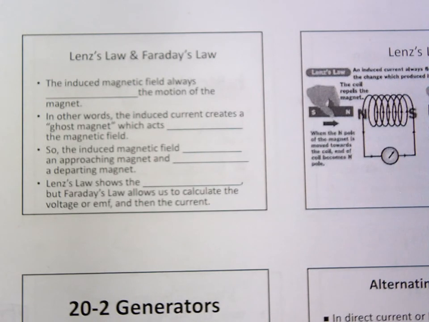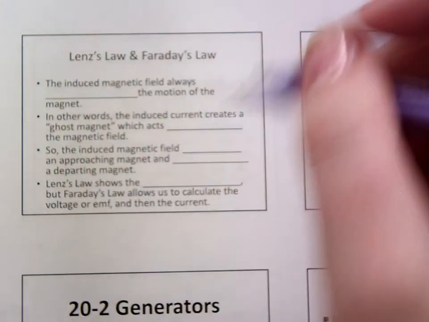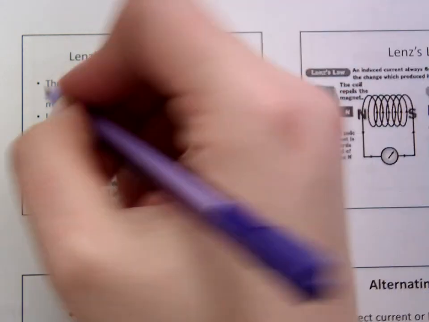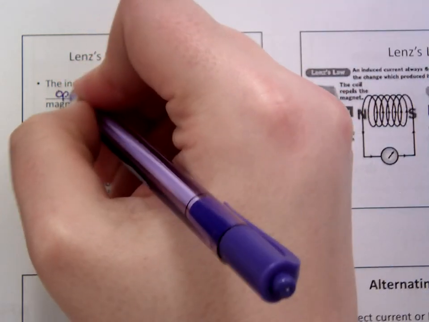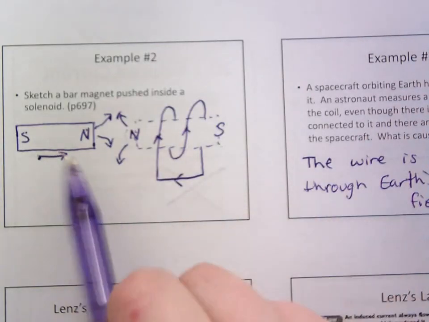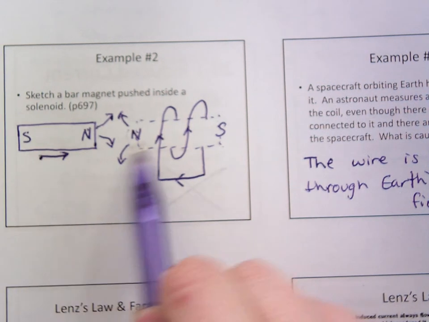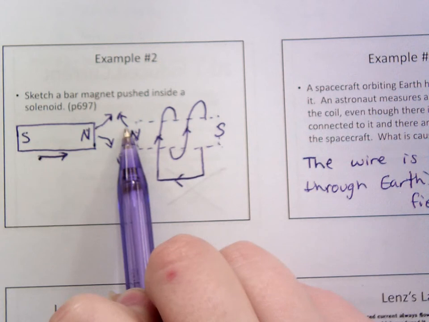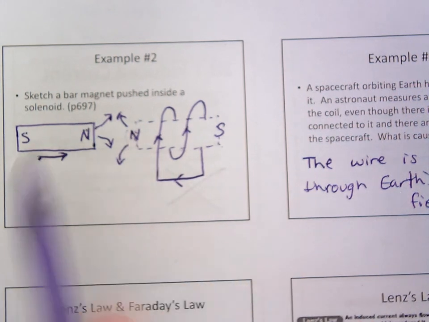Now, talking about a couple of things called Lenz's Law and Faraday's Law. Anytime we have an induced magnetic field, it is going to oppose the motion of the magnet. Like here, when I move the magnet towards my coil, the ghost magnet, as we call this, repels the approaching magnet.